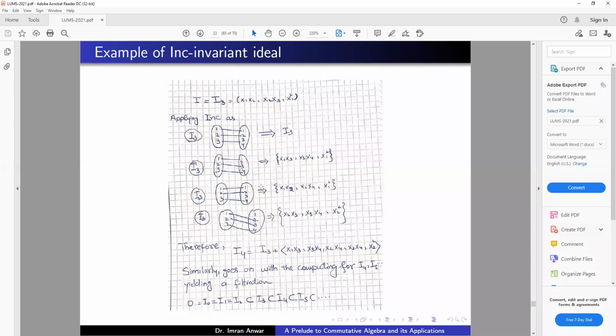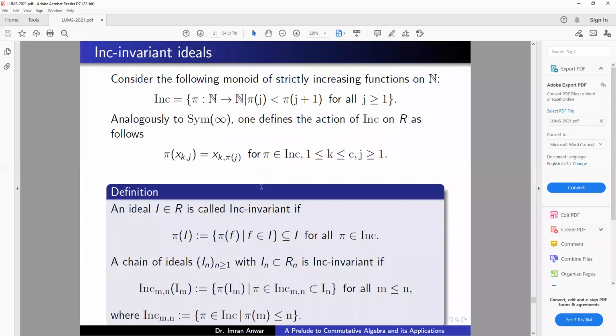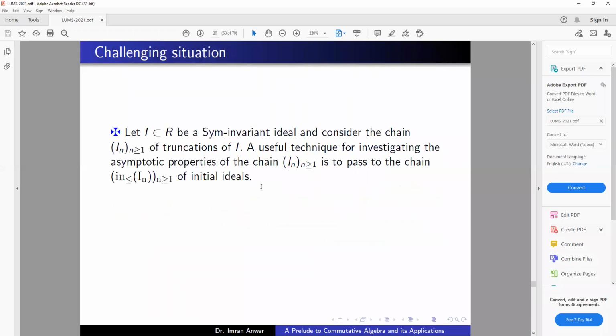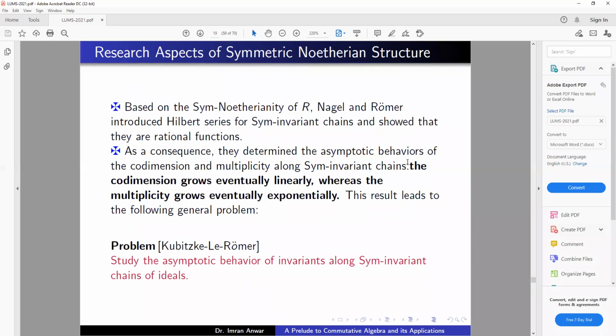This chain simply goes on, and one has to see the asymptotic behavior, how it grows. If you look at the nature of the results that people obtained, the codimension grows eventually linearly, and it is mentioned in this paper that this is mx plus c sort of thing, and similarly eventually exponentially. So the growth is given in the form of an exponent. So this is the kind of result the people are obtaining.